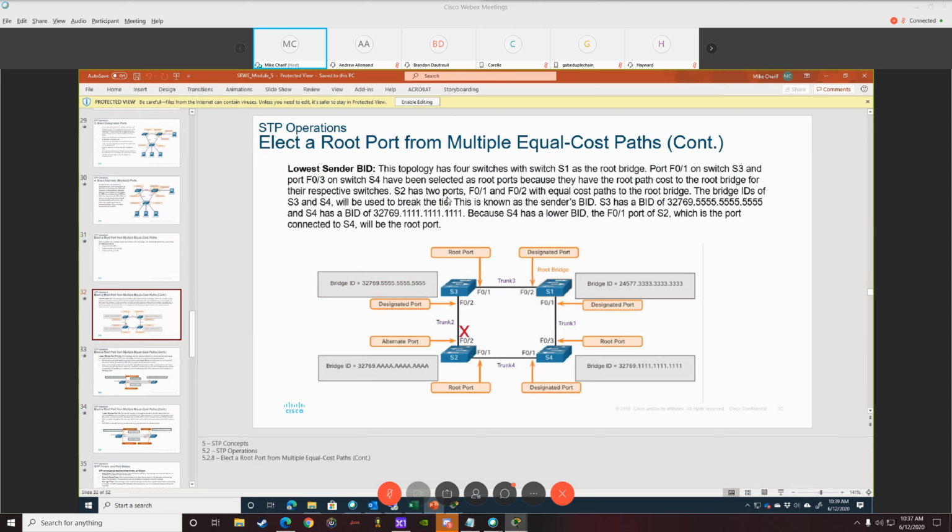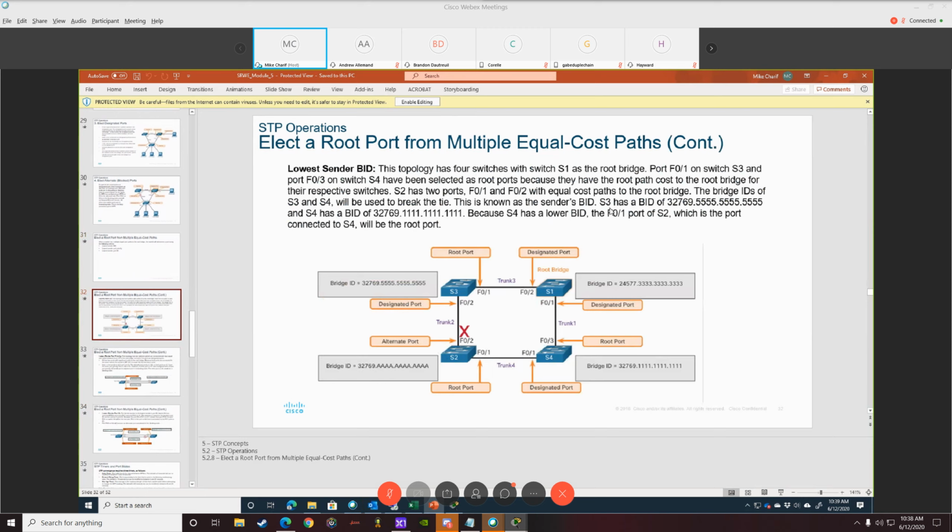S2 has two ports, F0/1 and F0/2, with equal cost paths to the root bridge. So the bridge IDs of S3 and S4 will be used to break the tie. This is known as the sender's BID.